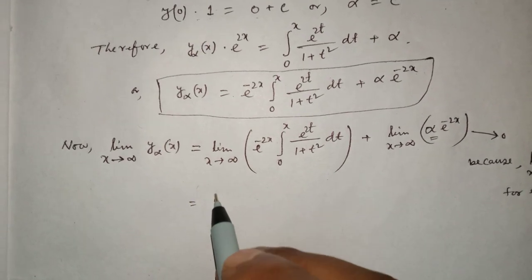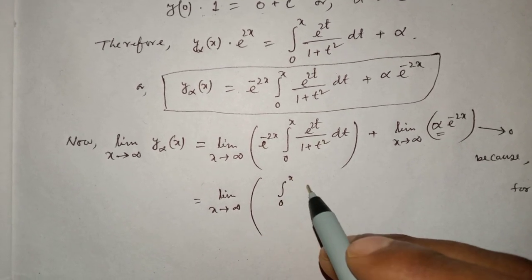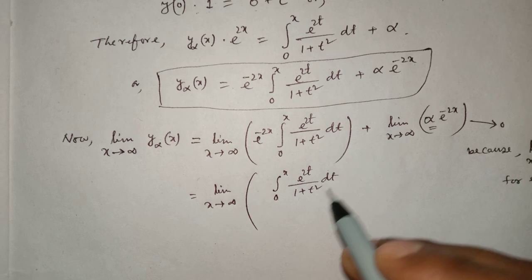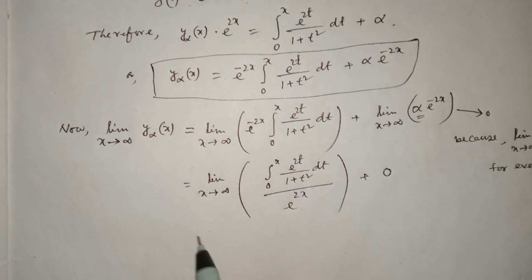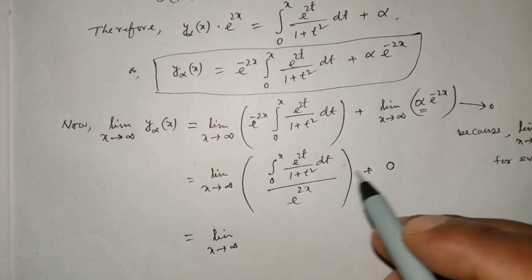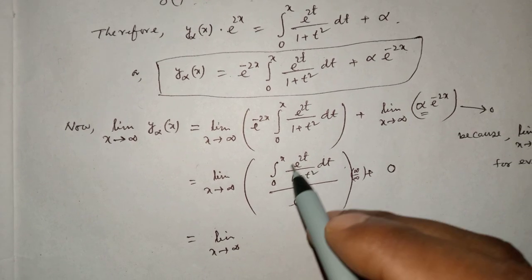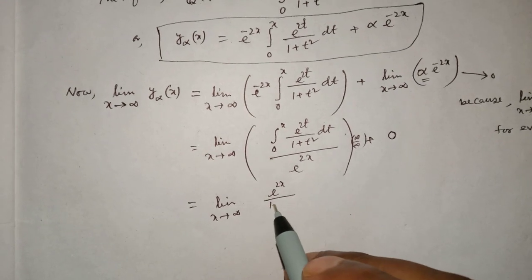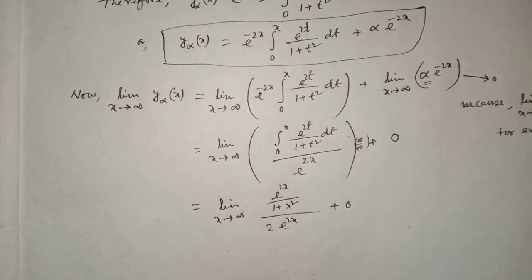So it is equal to limit x tends to infinity of integral from 0 to x of e to the power 2t by 1 plus t square dt, divided by e to the power 2x, plus 0. It is infinity by infinity form, so by L'Hospital's rule, it is limit of e to the power 2x by 1 plus x square, divided by 2 e to the power 2x, plus 0.